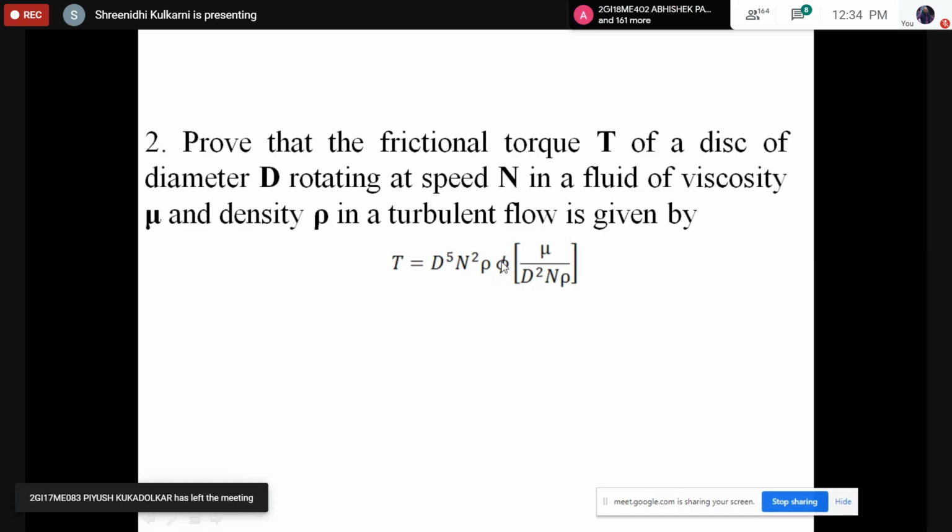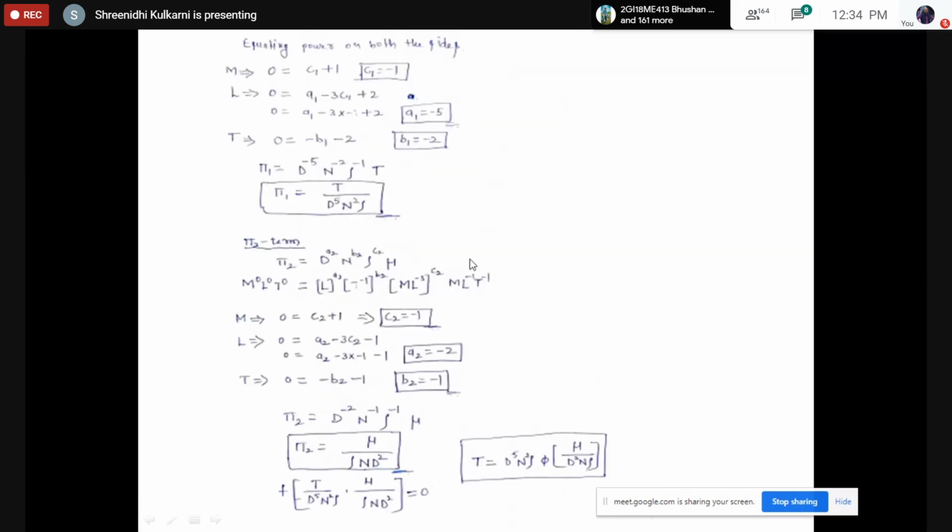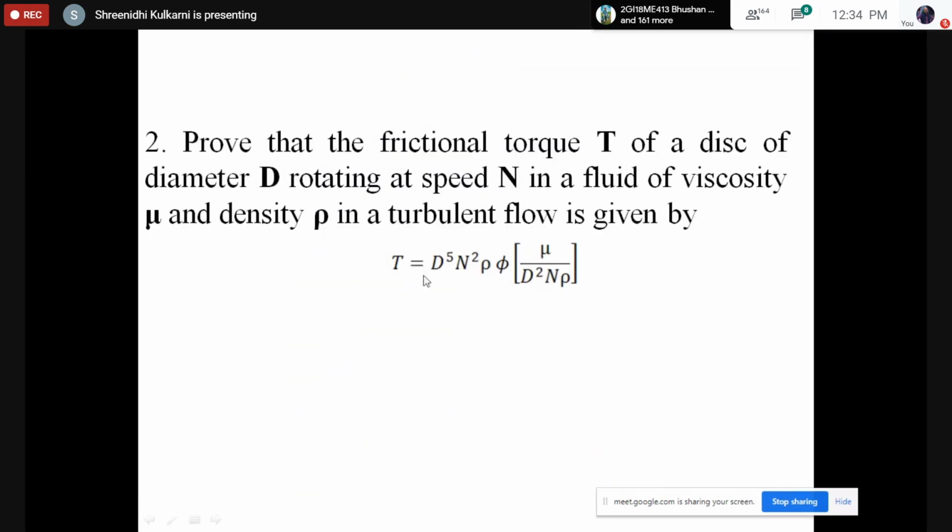Phi is a function of mu by d square n rho. So we have to prove this equation.